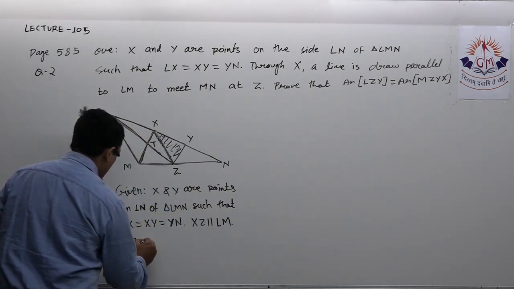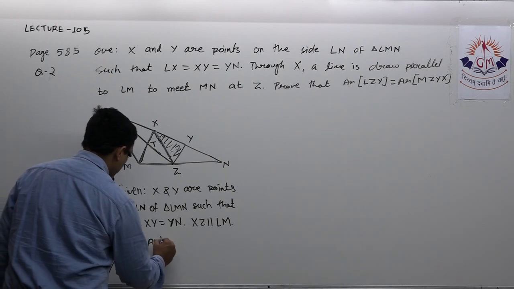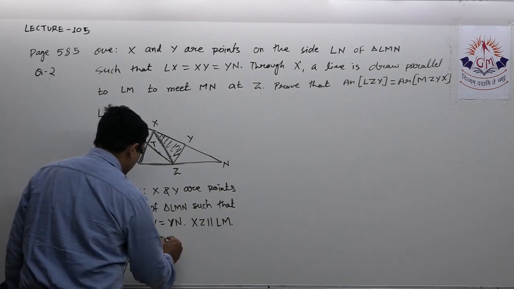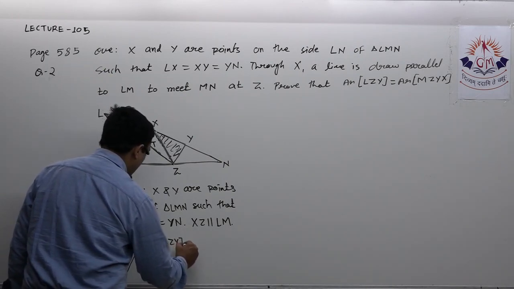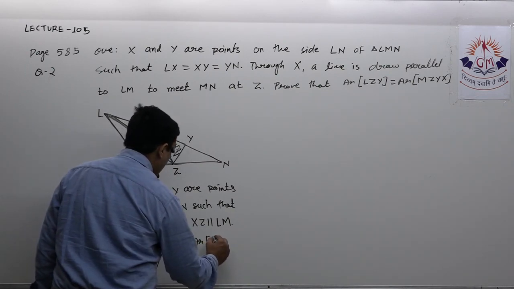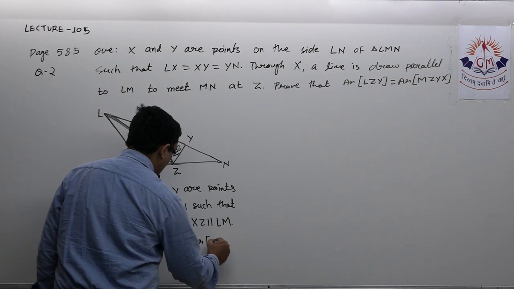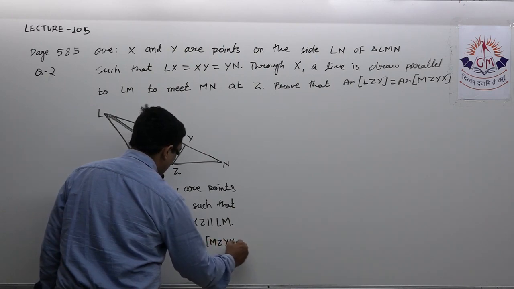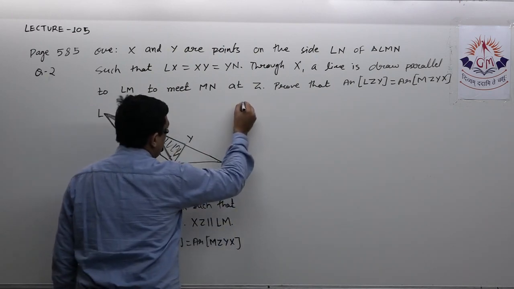To prove: area of triangle LZY is equal to area of quadrilateral MZYX.